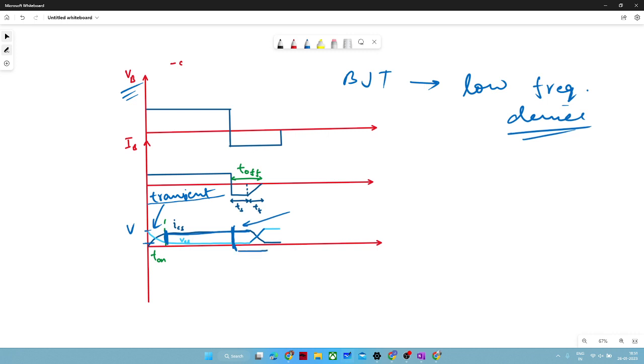So in total this much time it will take for turn off, and here also it is taking some finite time for getting turned on. And that's why it is known as a low frequency device. So that's what I wanted to discuss about it. I hope this should be clear.